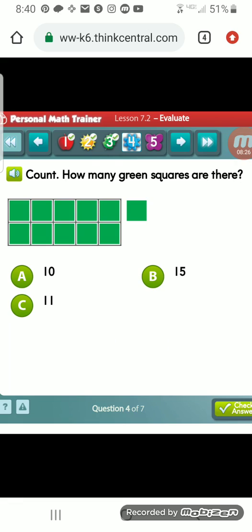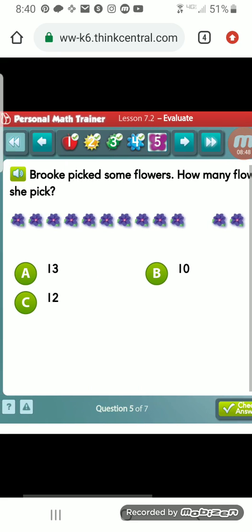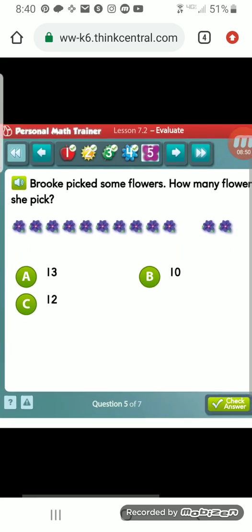Count how many green squares are there. Go ahead and count. I counted 11 again. There's the answer that shows 11. Fantastic! Yay! Brooke picked some flowers.